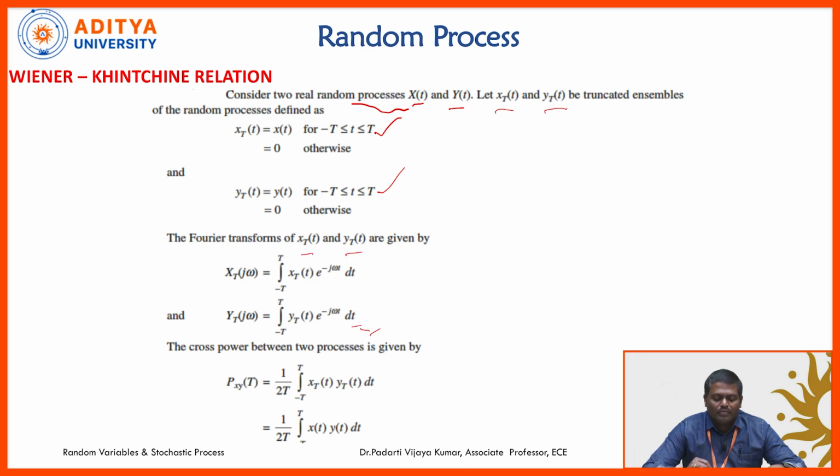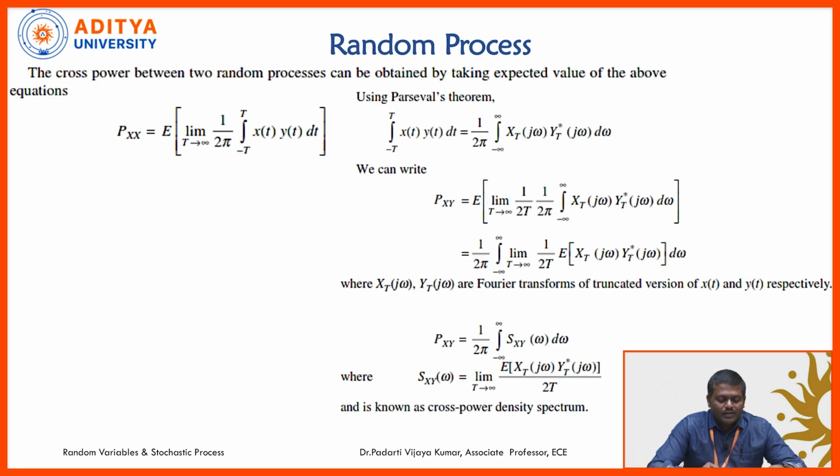And the cross power can be obtained by using the formula 1 by 2T, integral from minus T to T, x_T of t, y_T of t. Okay. And for the cross power, we are applying the expectation on both sides, and we know Parseval's relation. Based on Parseval's relation, the energy spectral density can be related with energy.